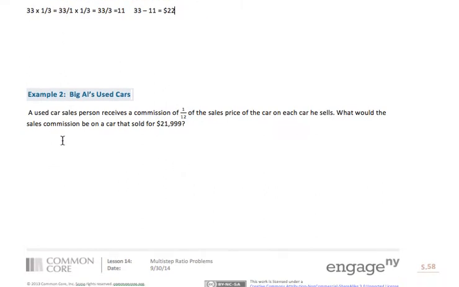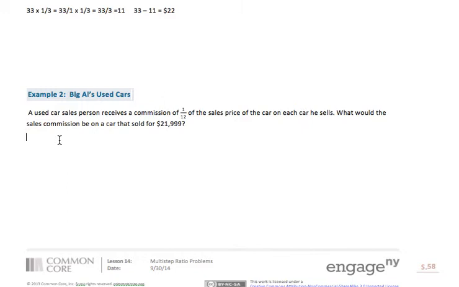Example 2 is an example using commission. Commission is a percent, or an amount of money, that a person can earn on their sales. It does not subtract from the sales, and it doesn't add on to the sales, so it is unique.